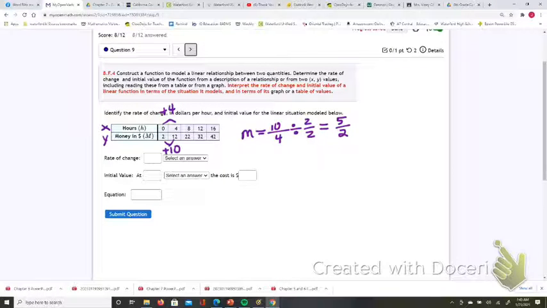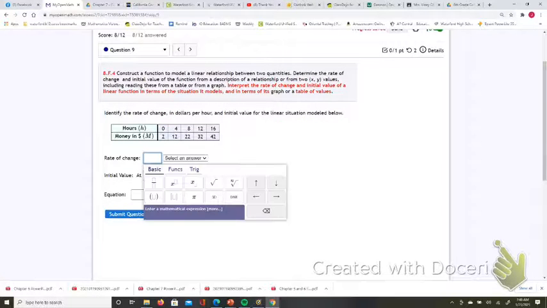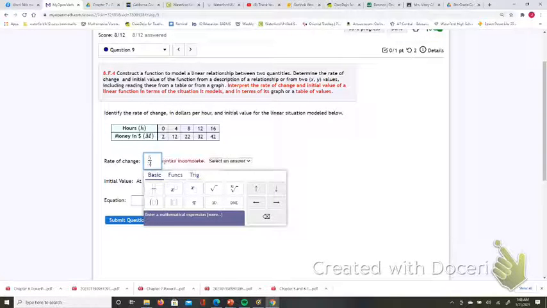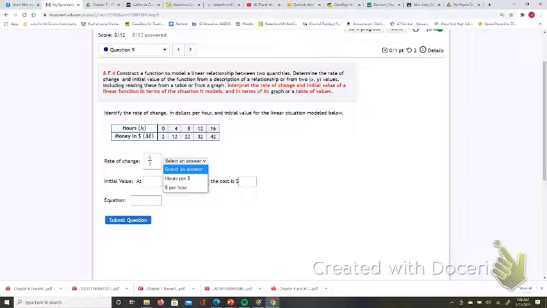So that is our slope. Now we go and type in 5 over 2. Right here, see how it says select an answer? 5 over 2 what? Well, if we look at our Y values, it's money, dollars, and the X's are hours, so it's dollars per hour, because it's always Y over X.